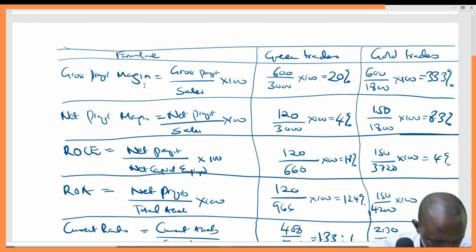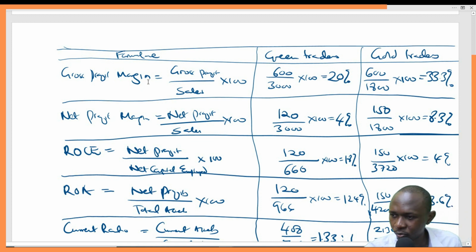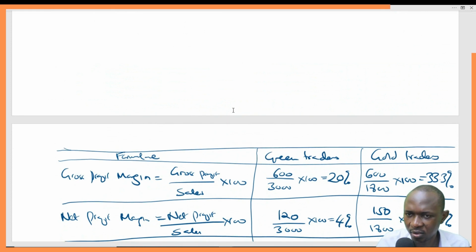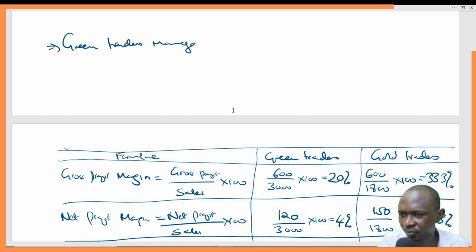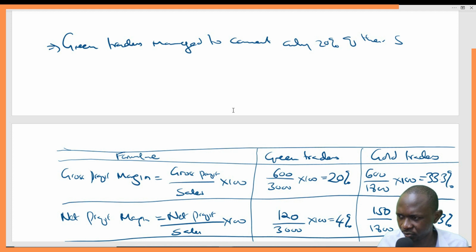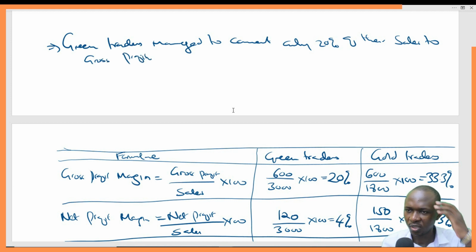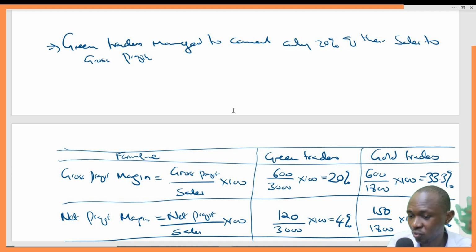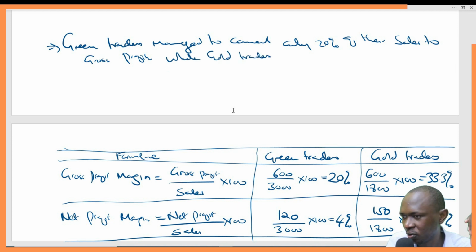So gross profit. Green traders managed to convert only 20% of their sales or revenue to gross profit, while the gold traders were able to convert 33.3% of their sales to gross profit.